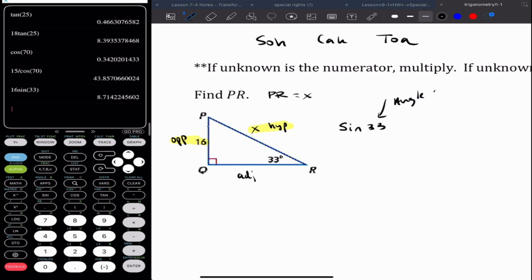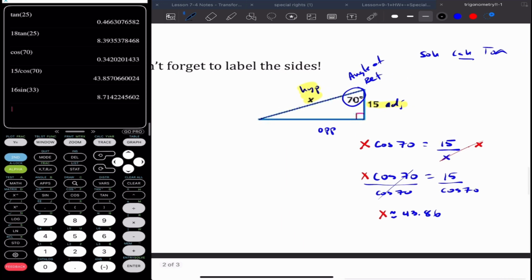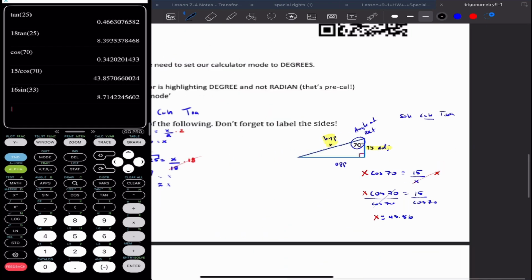That 30 degrees is my angle of reference, which is equal to opposite over hypotenuse, okay? So it's 16 over x. And then I'm going to show you a faster way because this is very similar to what we did over here, where we had to multiply both sides by x and then divide by the trig function.